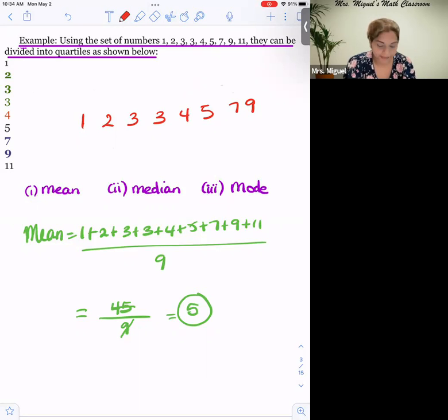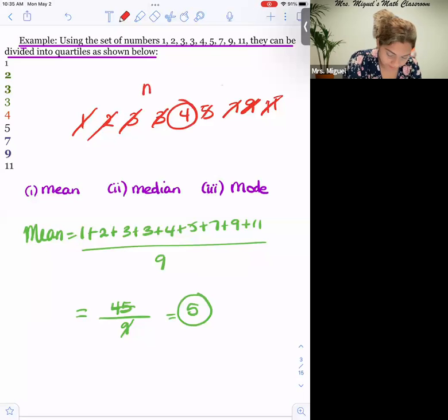There's no need to find the average. One, two, three. I missed out a number. 11. The median is 4. Did you all get that?